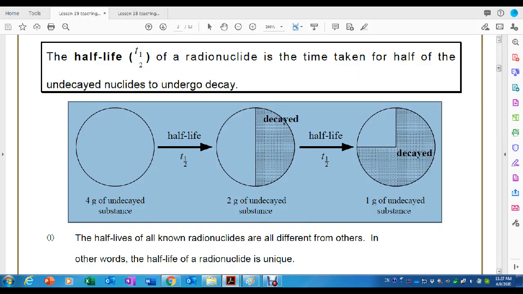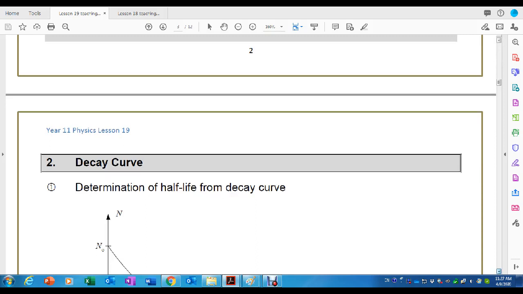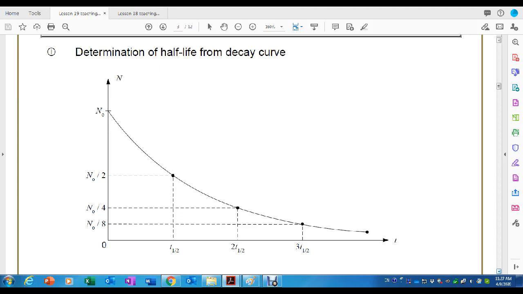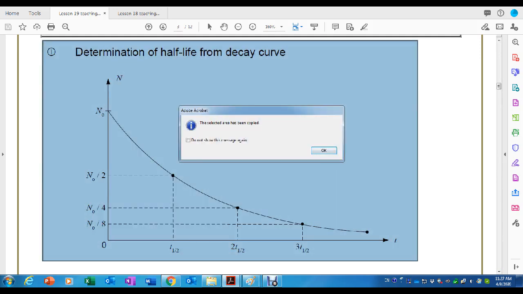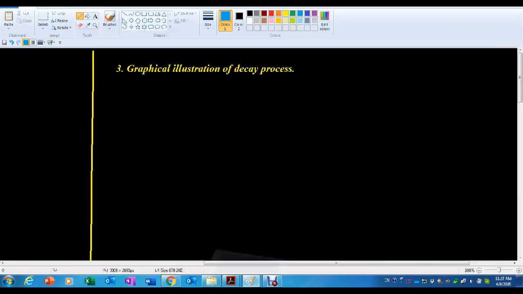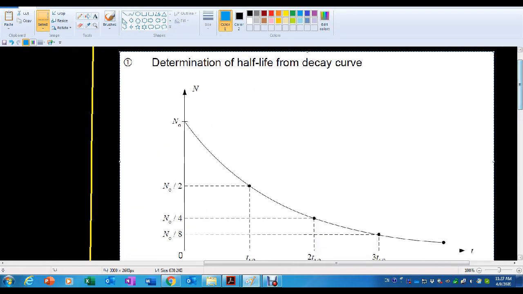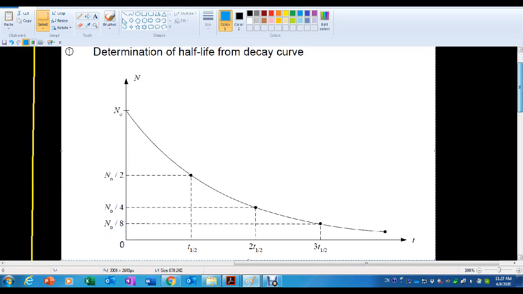If you go to your notes, here's the first graph. Have a look at this graph. This is what we call a decay graph.